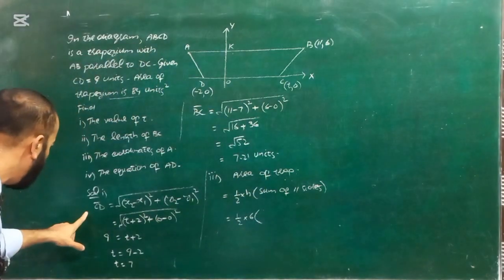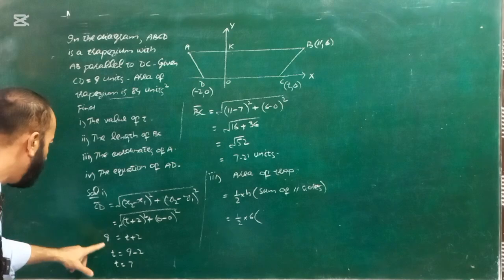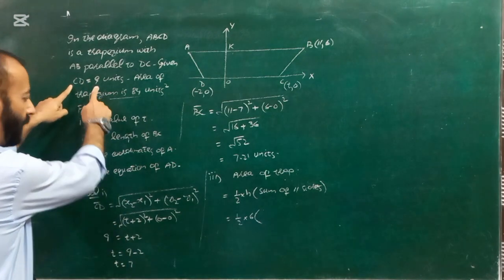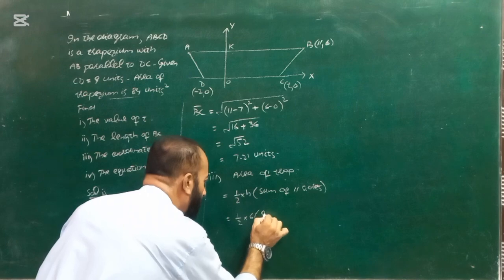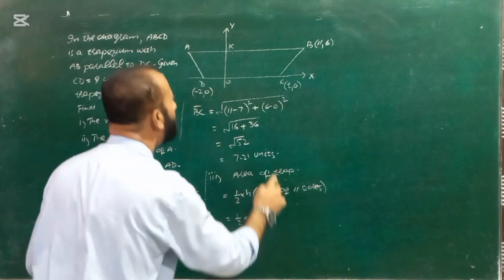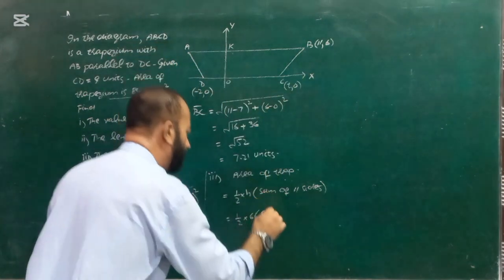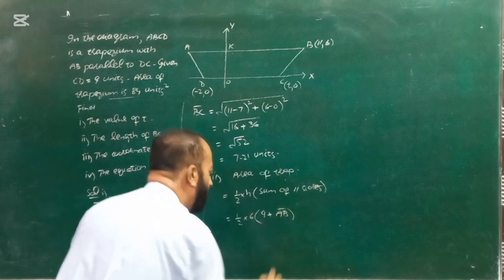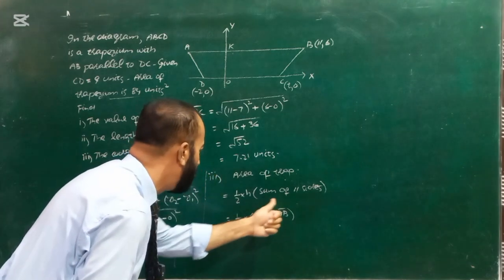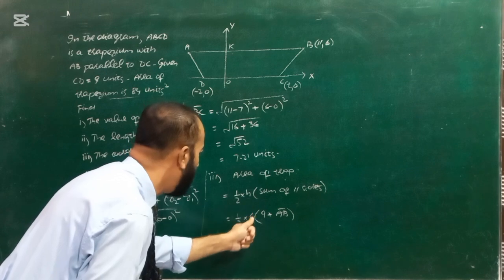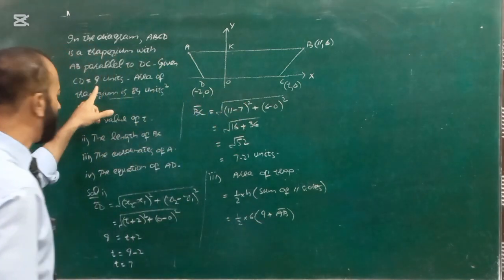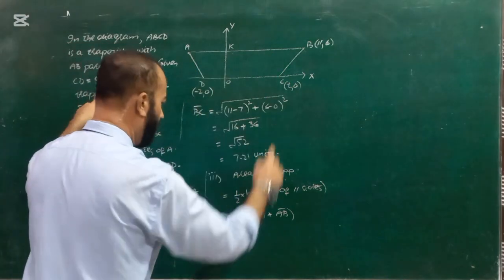CD's length is given, that is 9, plus the other side is AB. So we have put the values into the formula. One of the sides is 9, that is given in the equation, and the other side is AB.